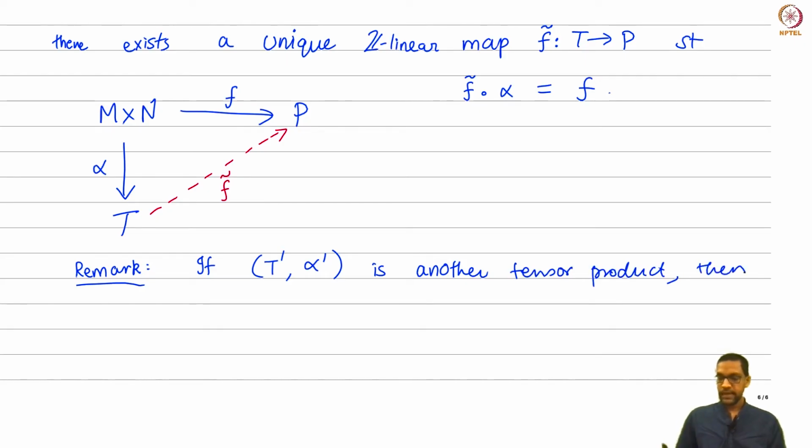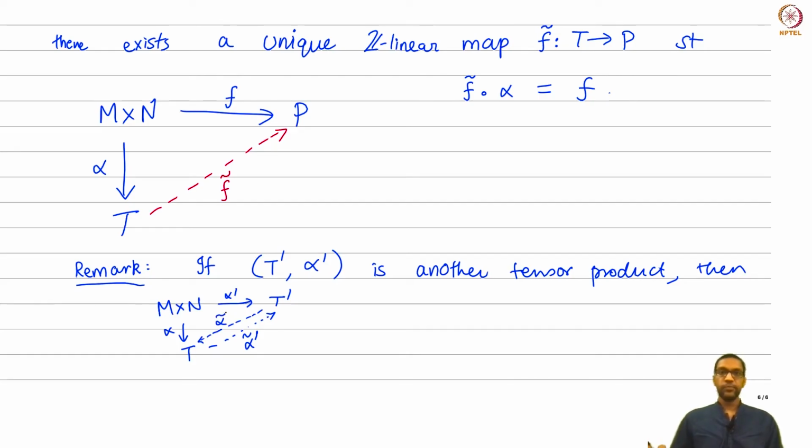then the following is true, that there is a unique isomorphism between them. Then look at this, M cross N, T prime, T, alpha, alpha prime. So by the universal property, there is a map alpha prime tilde in this direction. Similarly, T prime is a universal object, meaning it's also a tensor product, right? It has the same universal property. So you can also show that there is a map alpha tilde in the other direction, right?